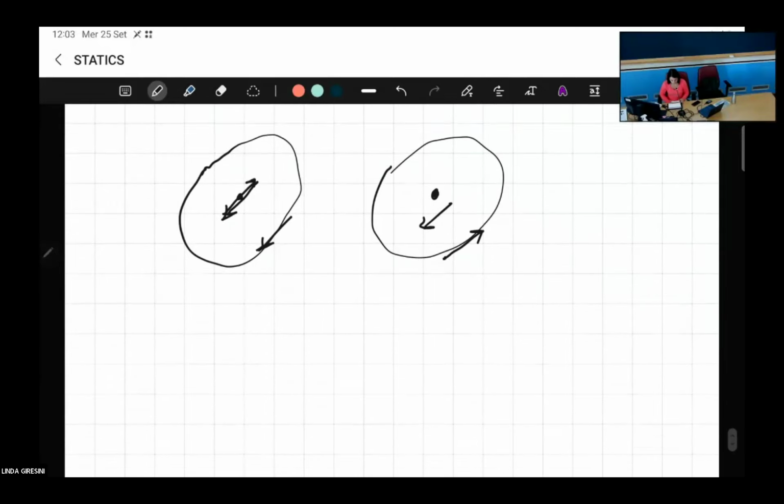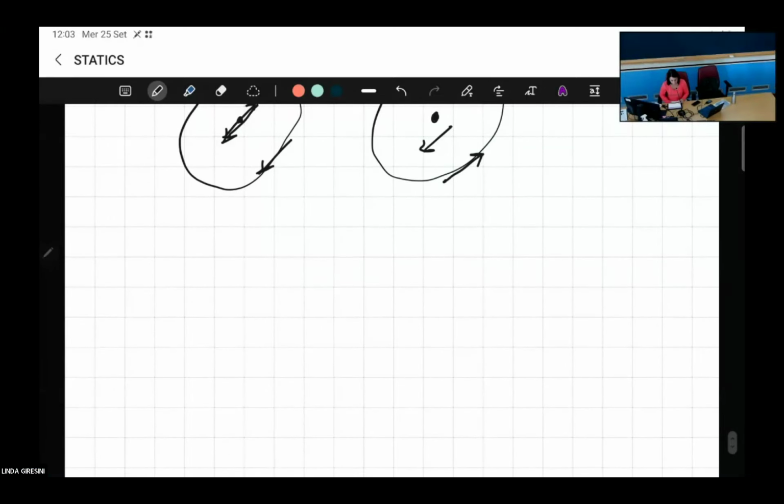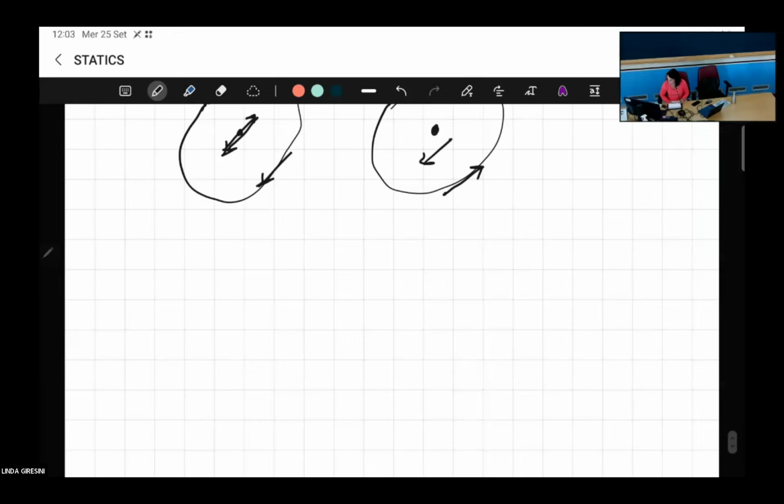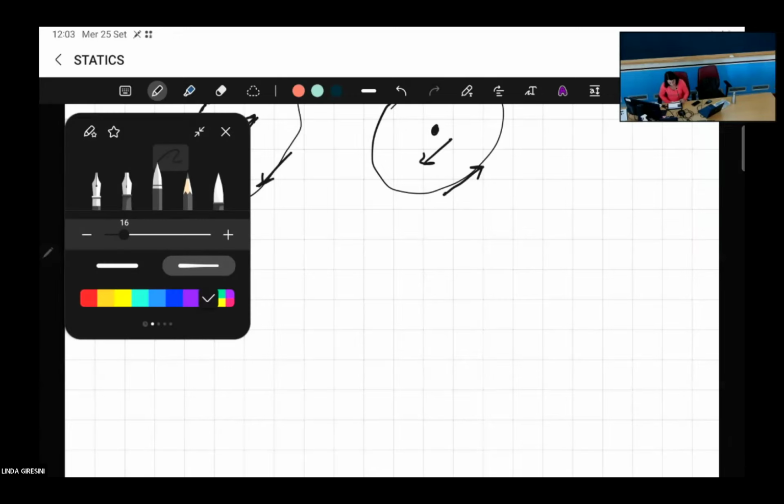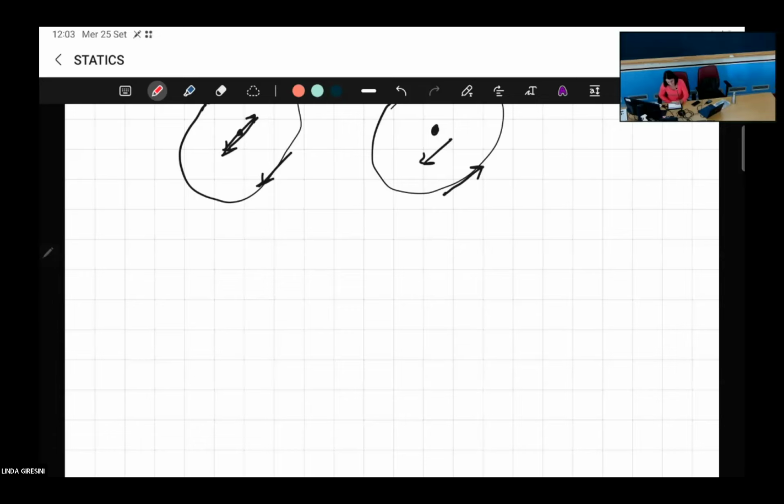Okay, so let's go back. Let's continue. Now, this is a very relevant concept: the moment with respect to a pole. A pole is nothing else but a point that we choose.